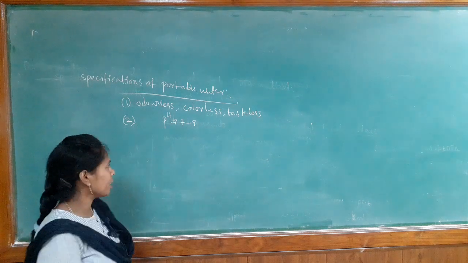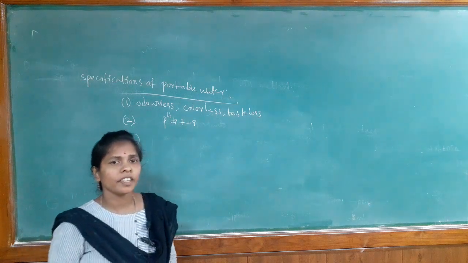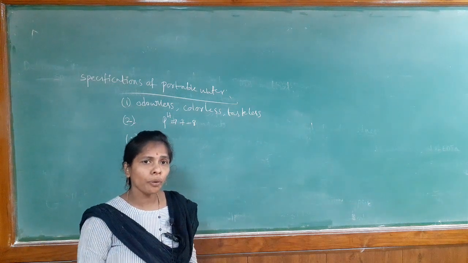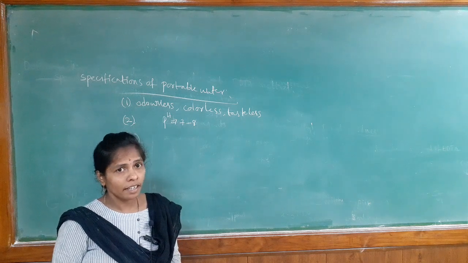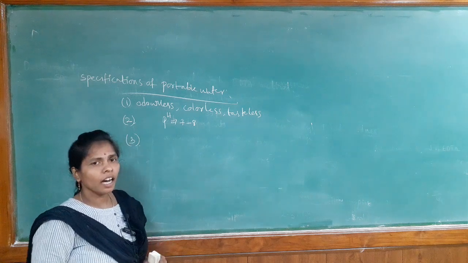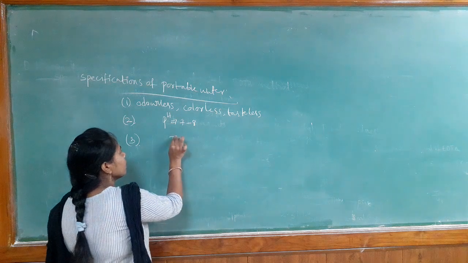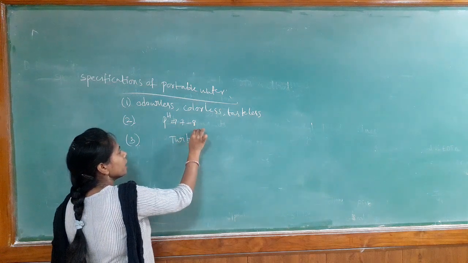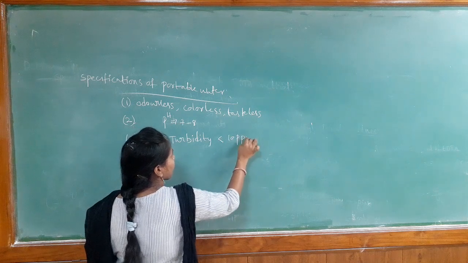is not acceptable here. And let us see the other specifications, that is chloride, fluoride and some suspended impurities and hardness. Yes. So, here the water should have turbidity less than 10 ppm. Turbidity must be less than 10 ppm.